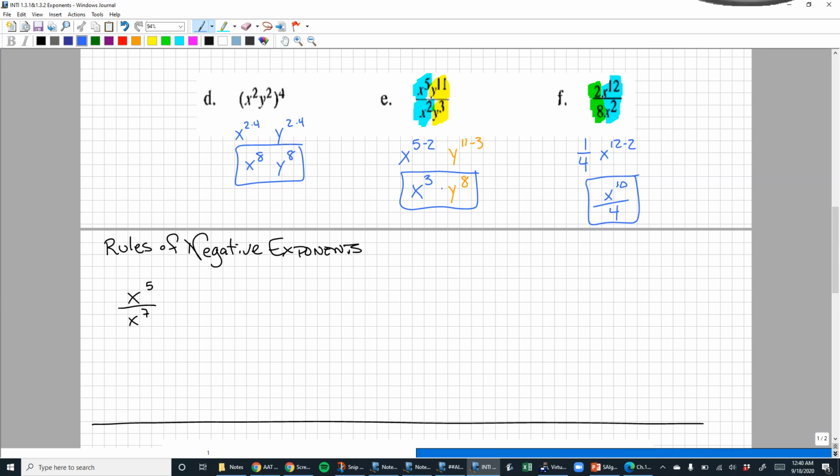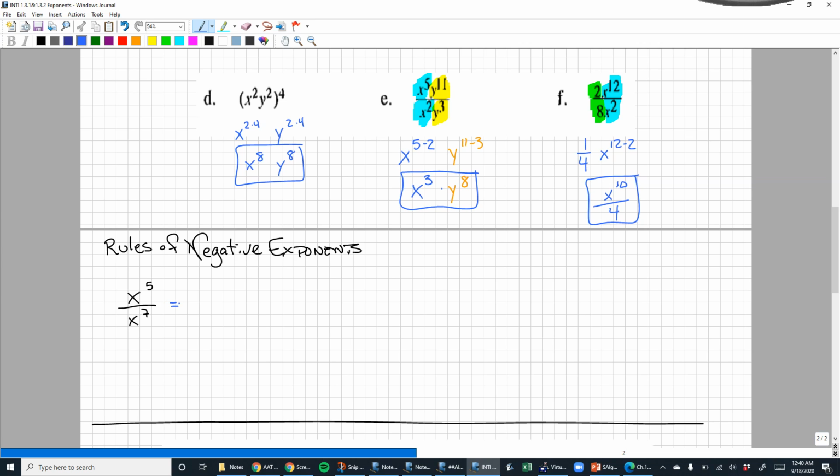Now again, rules of negative exponents. If we have something that has a larger power on top than it does on bottom, it's going to give us that 5 minus 7, and that's going to give us x to the power of -2.